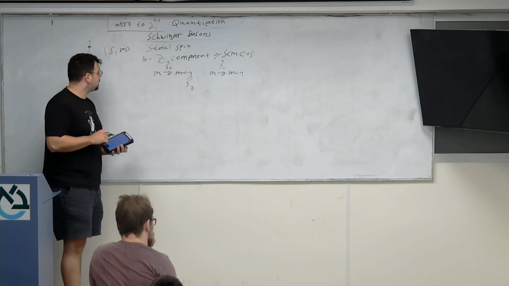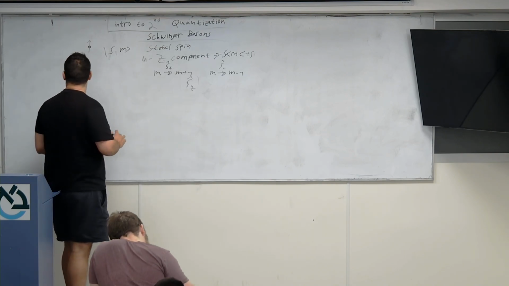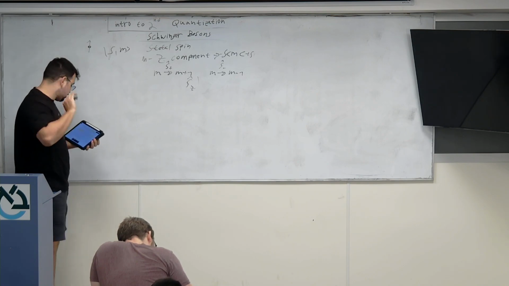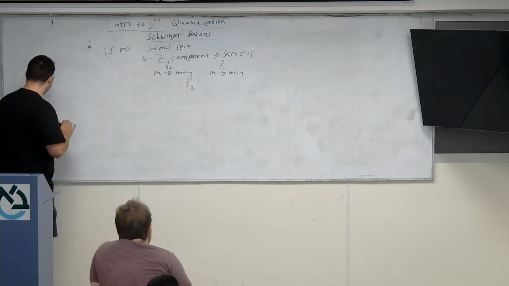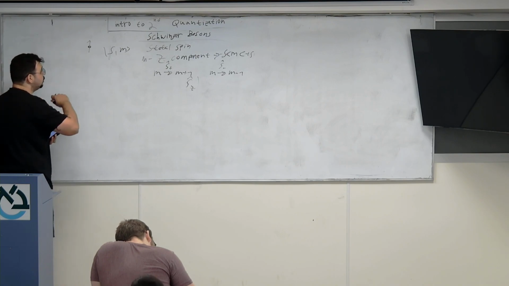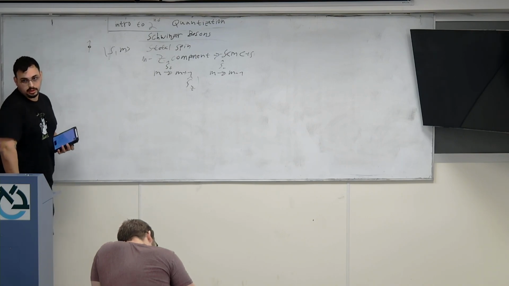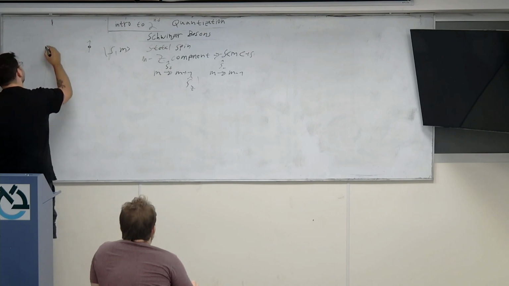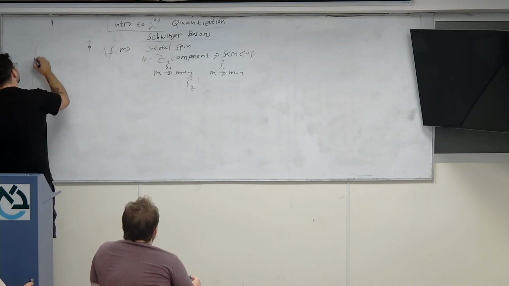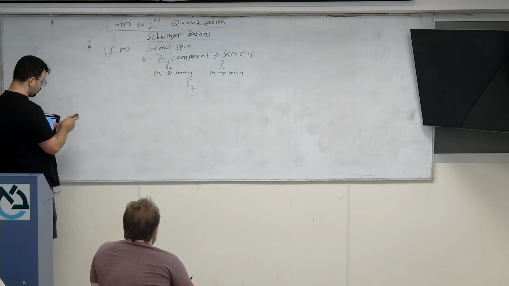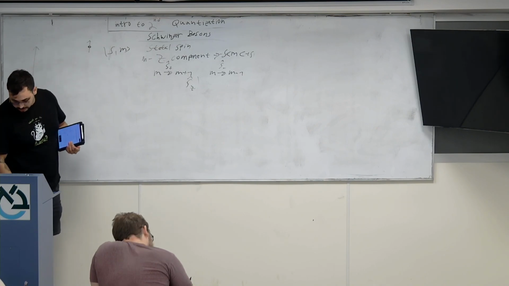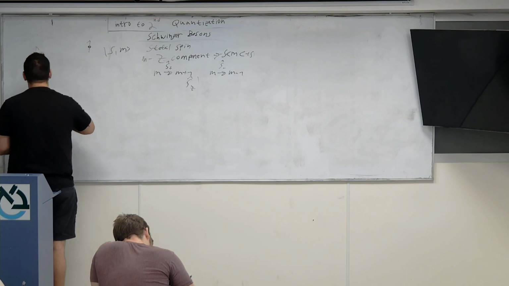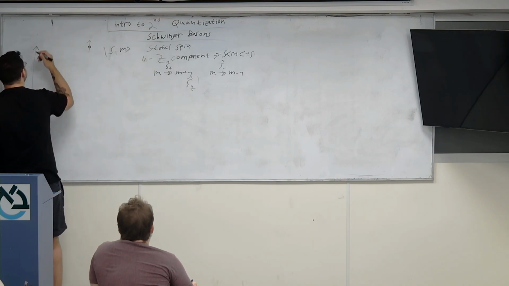Now, let me start by drawing. I want to draw all the possible states in which I can find this particle. I'm even going to put a nice little arrow. No! How can I have so many markers? It's still bad.